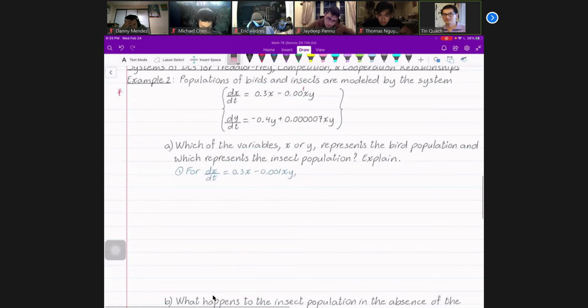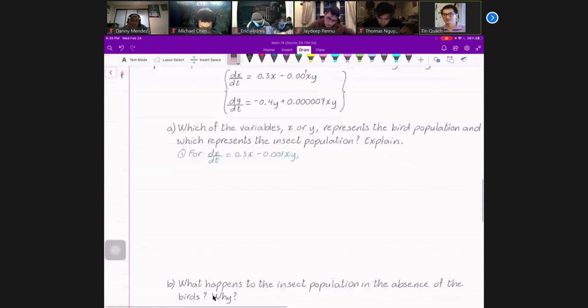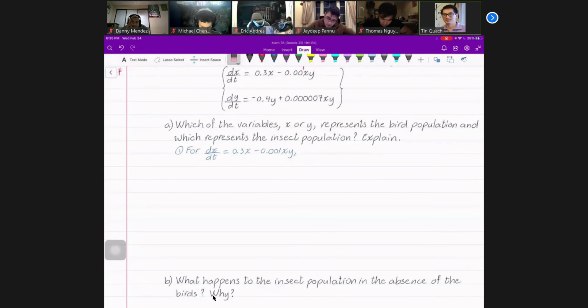So in this case, for this differential equation, if population Y wasn't there, what can you tell me about population X?